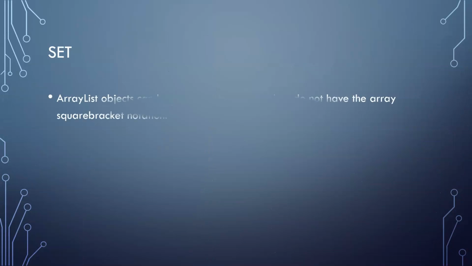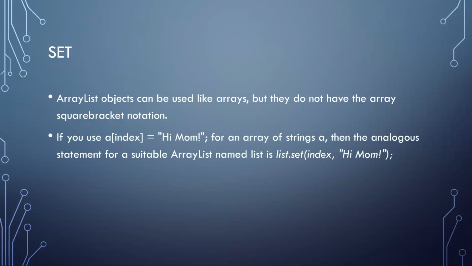All right, real quickly, let's talk about set. An ArrayList object can be used pretty much like arrays, but they don't have the array square bracket notation, as you've already noticed. If you use a[index] = "hi mom" for an array of strings a, then the analogous statement for a suitable ArrayList named list is list.set(index, "hi mom"). This is how we're going to have to do it with an ArrayList, because remember, an ArrayList is a class.